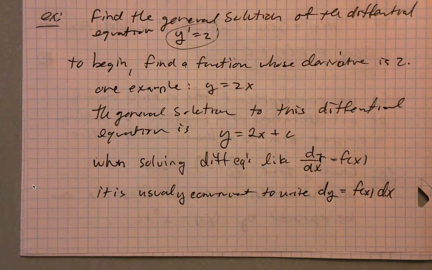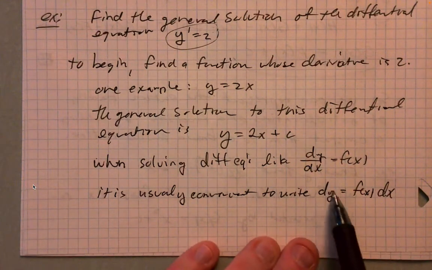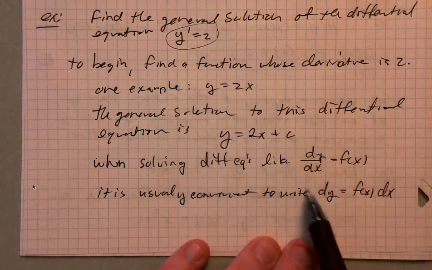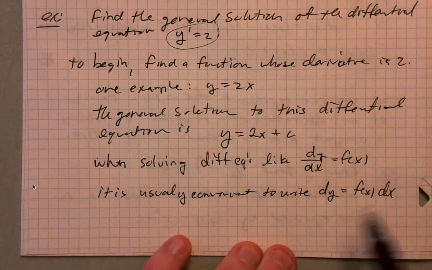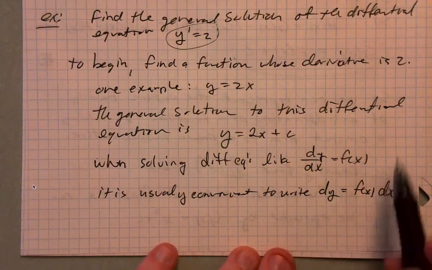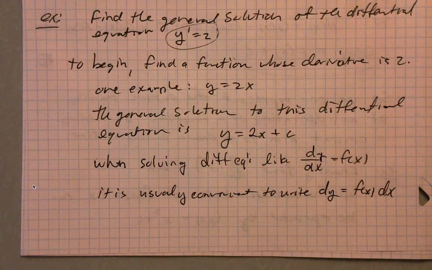Okay, it's usually a convenience when solving differential equations. So the dy dx would be like your y prime, but you can break that thing apart. It's usually convenient to leverage this notation.